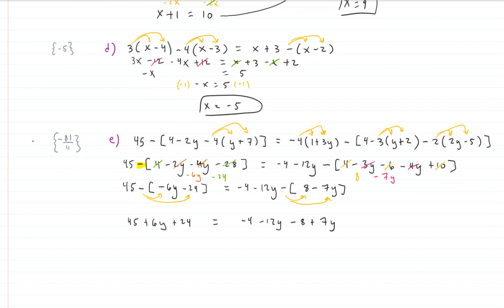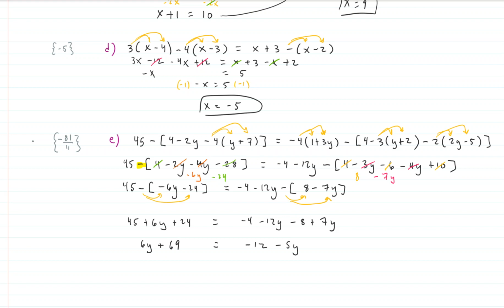The negative 4 and the negative 8 is negative 12, and the negative 12y and the positive 7y give us negative 5y. What do we have on the left? We have 6y plus 69. 45 and 24 give us 69.